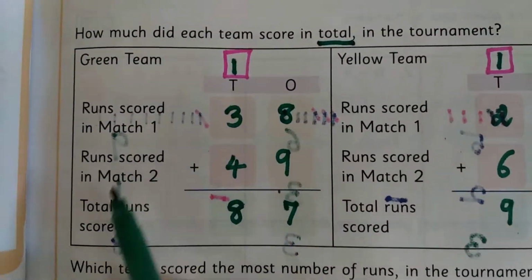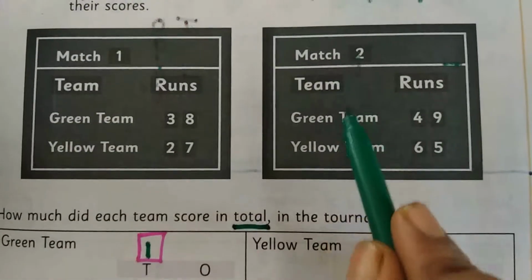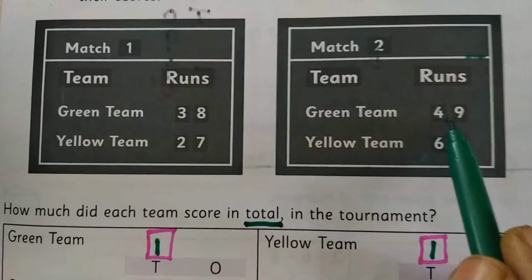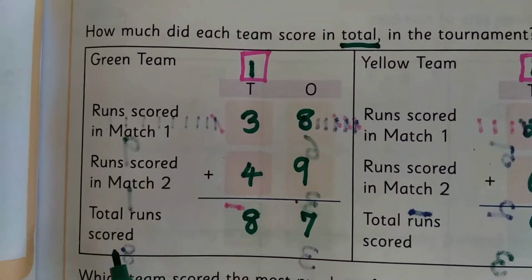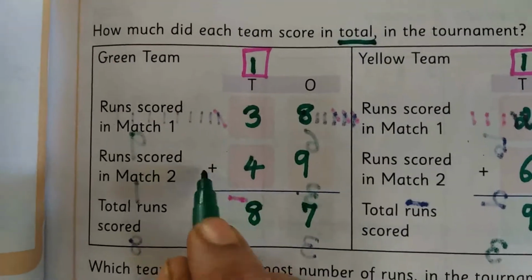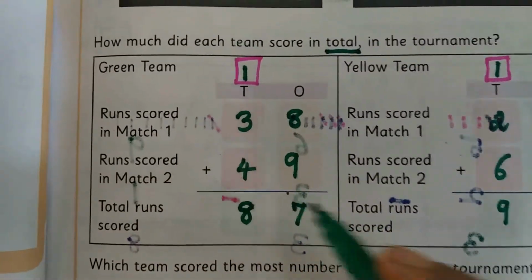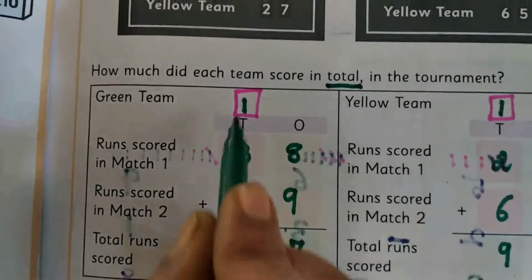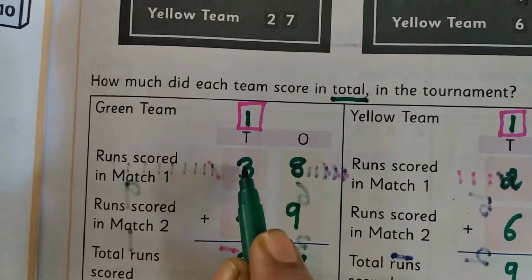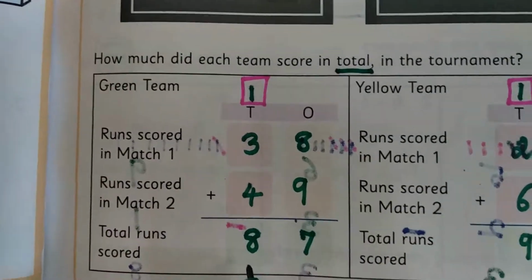Runs scored in match 2. In match 2, green team how many runs they scored? 49. That you want to take and write 49. So for total runs scored you want to do the addition, plus symbol. Okay, so 8 plus 9, 17, 7, carry over 1 here, 1 plus 3, 4, 4 plus 4, 8.